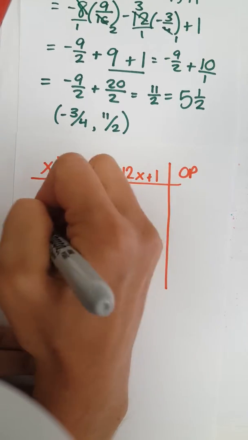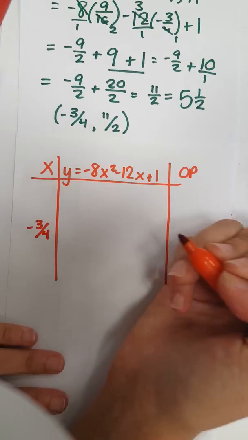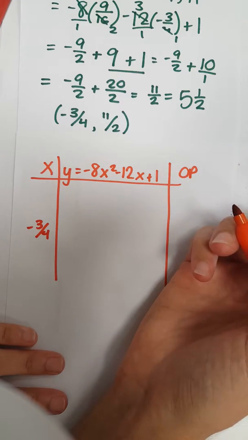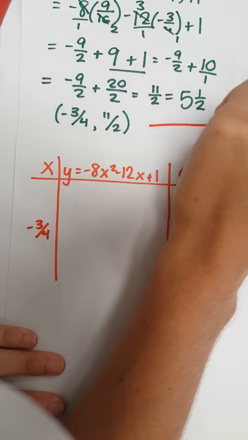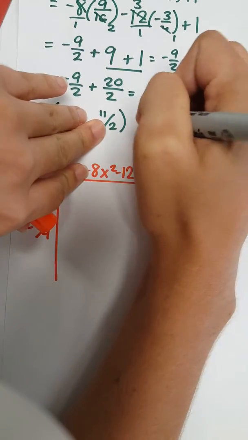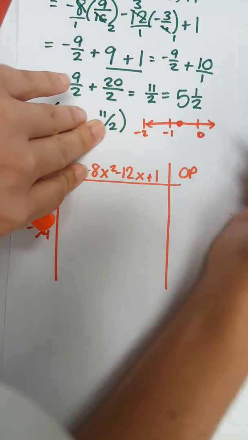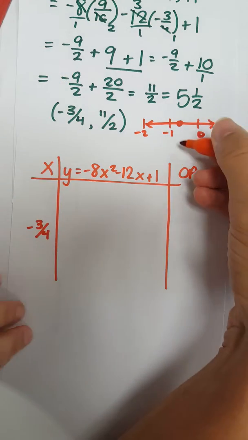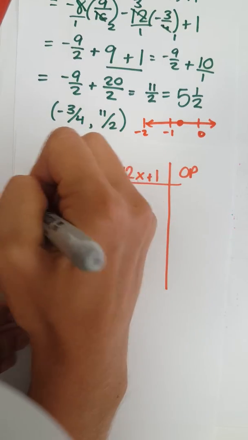So negative 3/4 is going to be in here. Well, what's 1 right below negative 3/4? We had a number line, 0, negative 1, negative 2. This is negative 3/4. So right below it is negative 1.